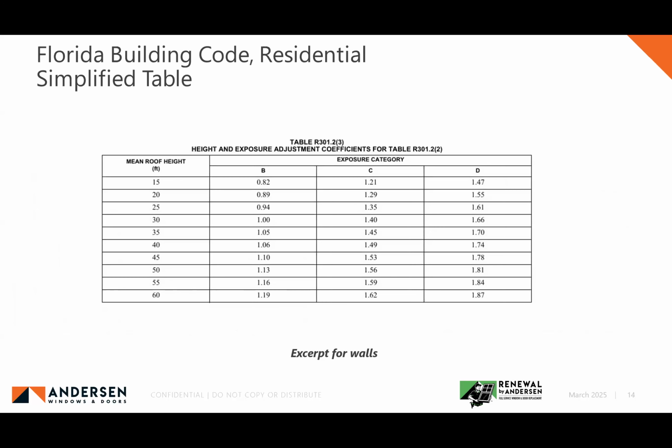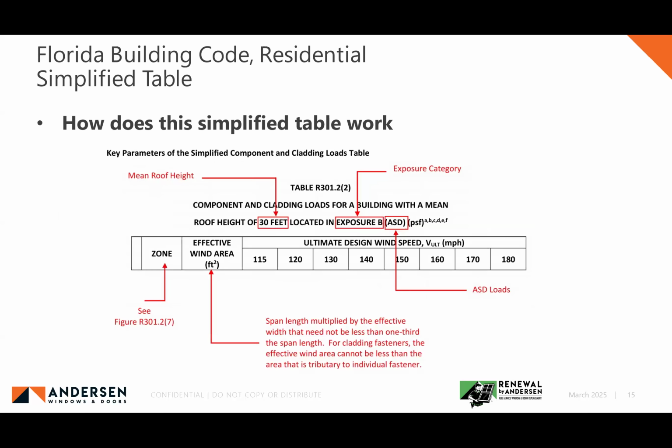All these things create complexity that makes it difficult to figure out from time to time. As I mentioned earlier, this slide shows how the table works, but it's for a mean roof height of 30 feet and for exposure category B.